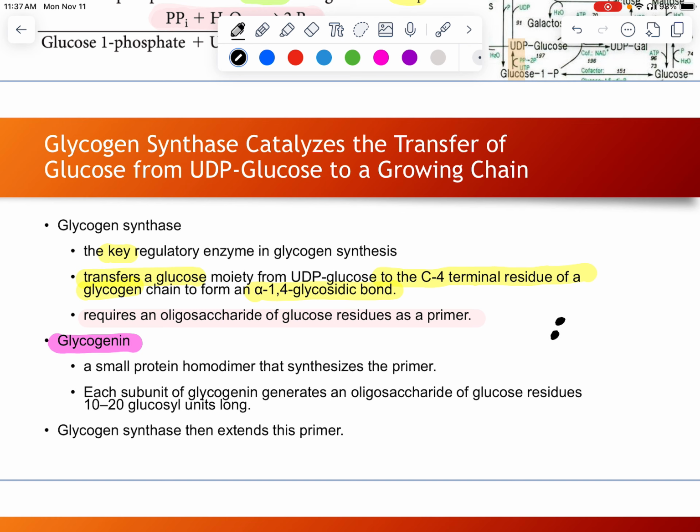There'll be two of them, right? And it will set up this starting chain of these glucose on and on to about 10 to 20 units long. And then the glycogen synthase is going to take over.